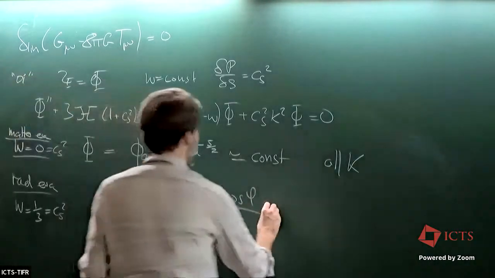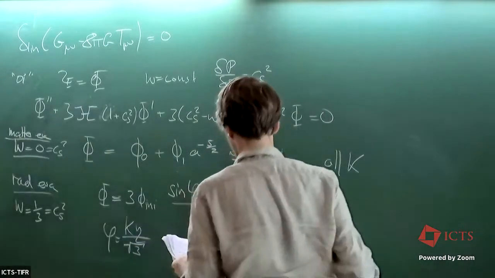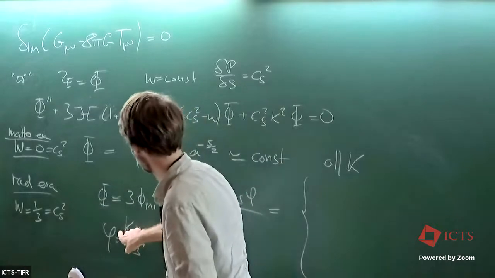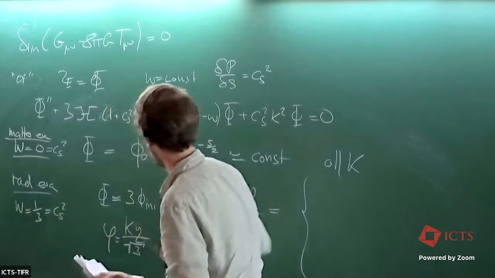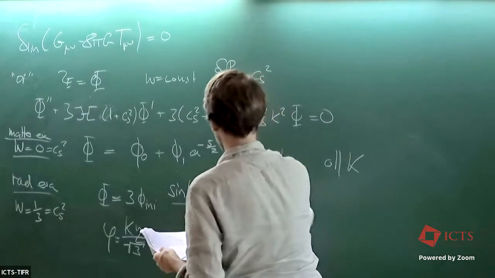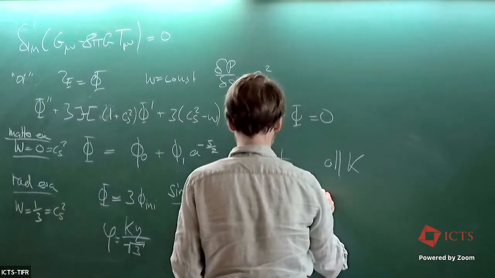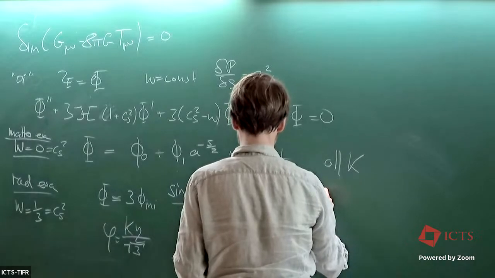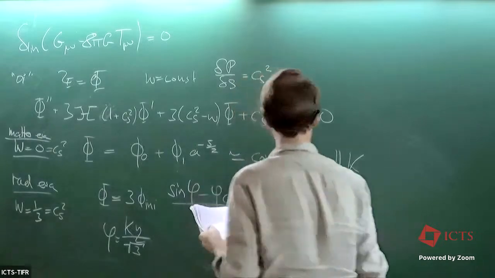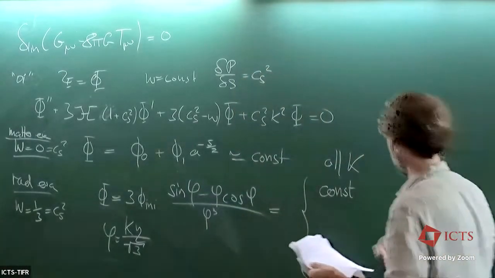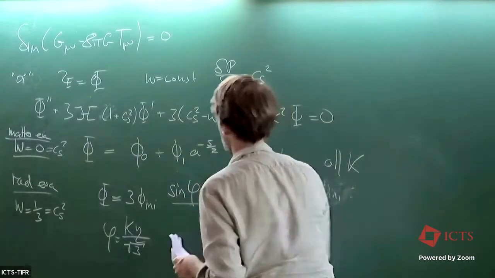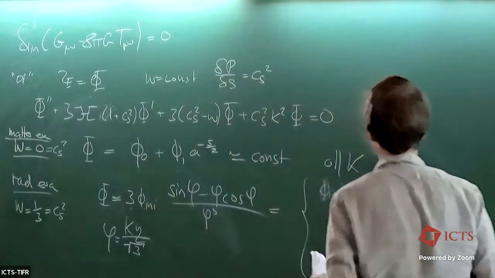This can be expanded in two cases. It can be expanded for small values of k, k much smaller than 1 over eta. We just do a small argument expansion, and what we find is that at leading order we get constant behavior. So it's this phi initial. This is why I put this factor of 3 here.